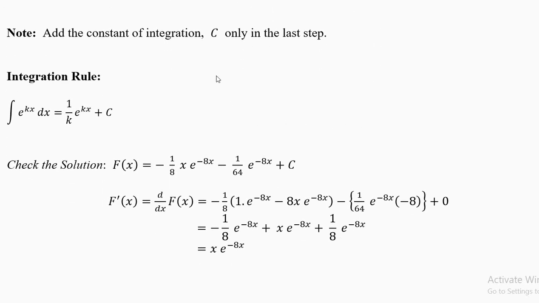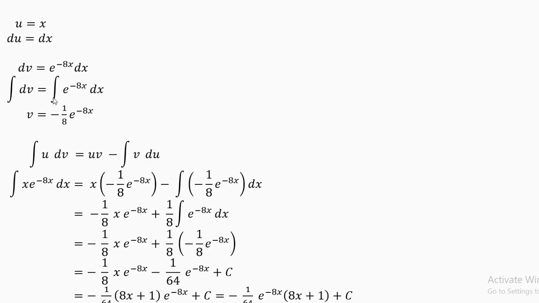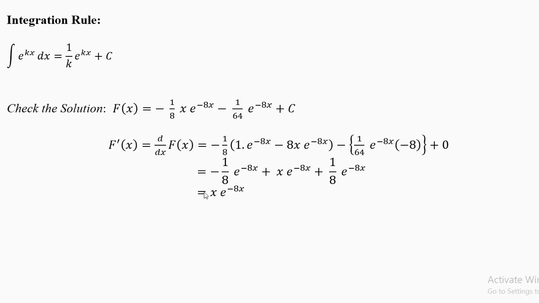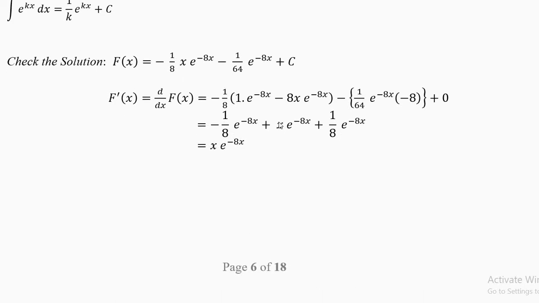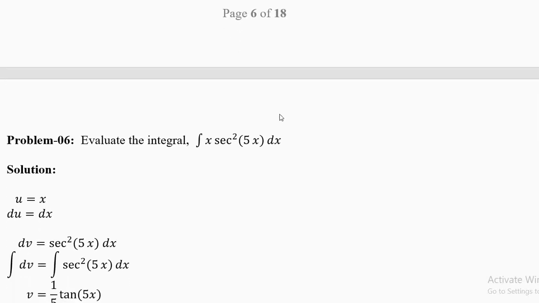Now the constant of integration is added in the last step and not in the middle step when you calculate the v, and you again check your answer by differentiation. I will not go into more details on how to check the answer. You should know the product rule, and that's what we wrote on the first page of these notes.